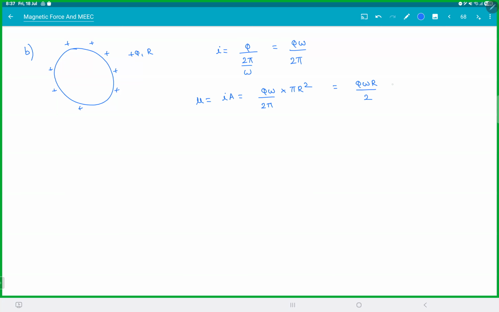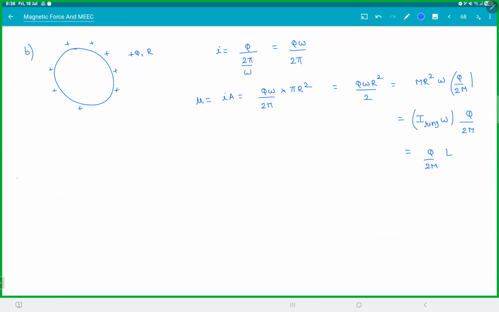So this can be written as multiply and divide by mass. It will become mr square, and this will become Q by 2m. Mr square is nothing but moment of inertia of the ring. I omega is nothing but angular momentum of the ring. There, that formula is working out.